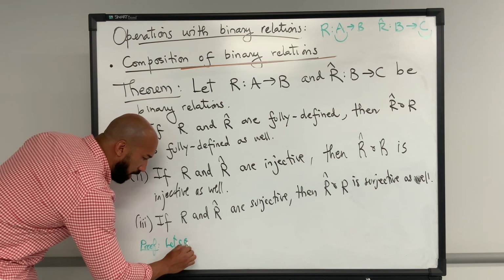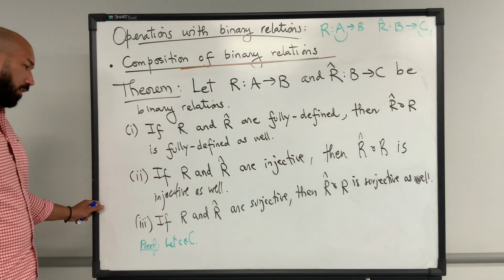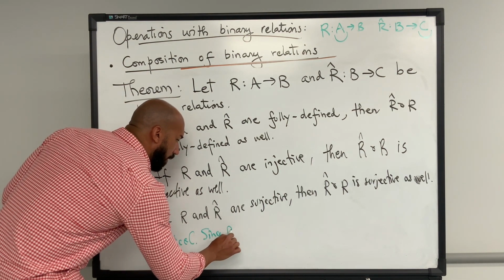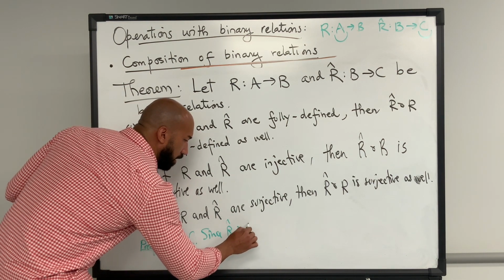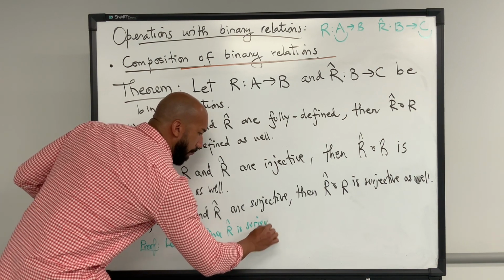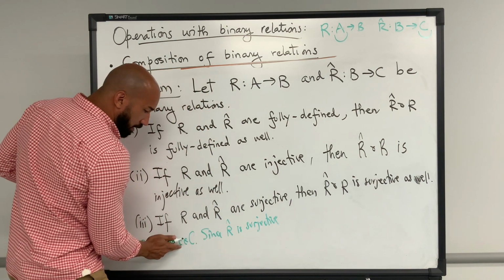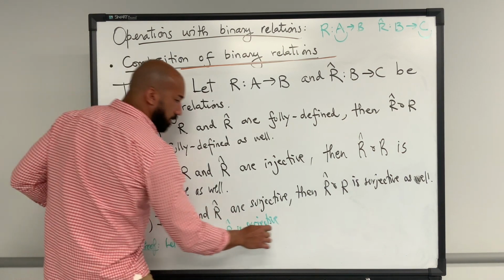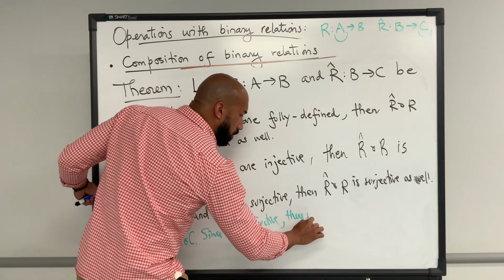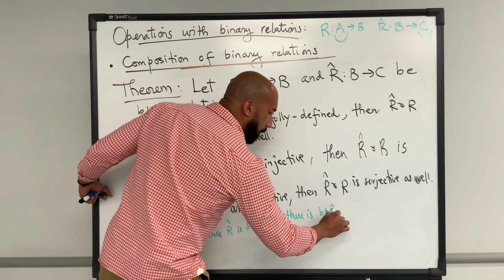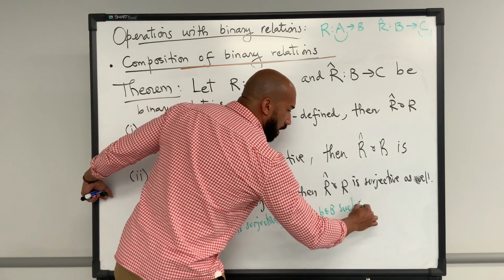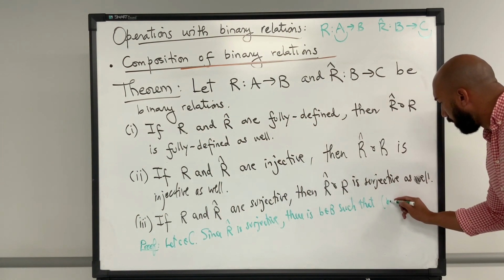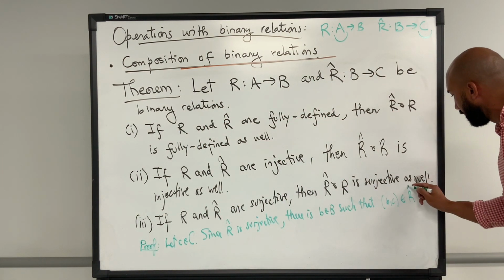So prove: let C be any element in C. Is it okay? Since R hat is surjective, this C is the second component of at least one pair in R hat. So there is B in B such that the pair BC is in R hat.